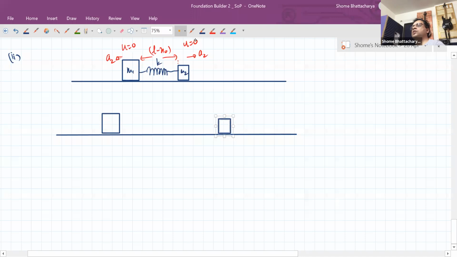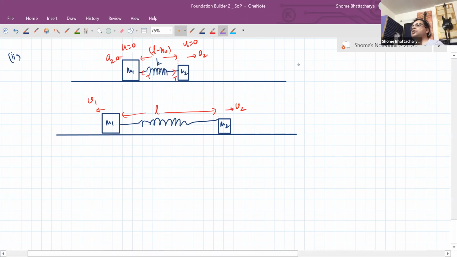It's a lighter block, so it will get pushed further away. So now say in this diagram, the spring has come back to natural length, x is equal to 0. Because of the tension continuously acting between this diagram and this diagram, this has got some speed v1 and this has got some speed v2.